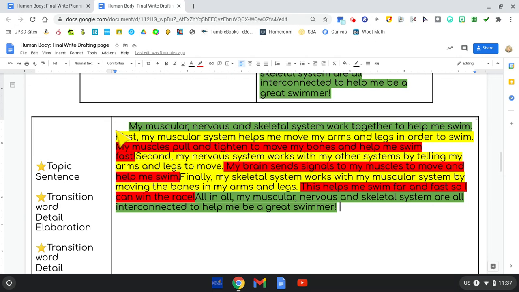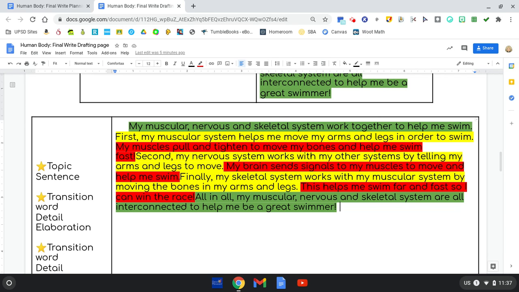So when you start your paragraph today, you're going to remember to indent at the beginning. If you're handwriting it, use your 2-finger space. You're going to figure out what your topic sentence is and start with that. And then just keep going. Key details, elaborate and explain, transition words, details, and then end and close it with a conclusion that reminds the reader about what you talked about.